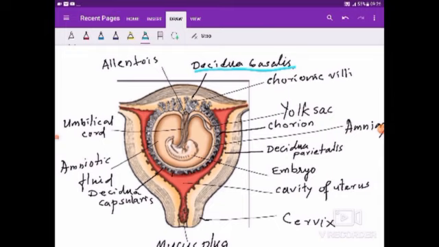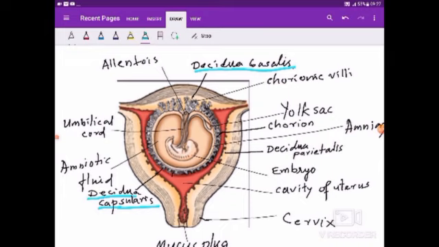And the endometrium which is surrounding the developing fetus, which has in the beginning embedded the blastocyst growing around it, and now it is found all around the coverings of the fetus, that is called the decidua capsularis.